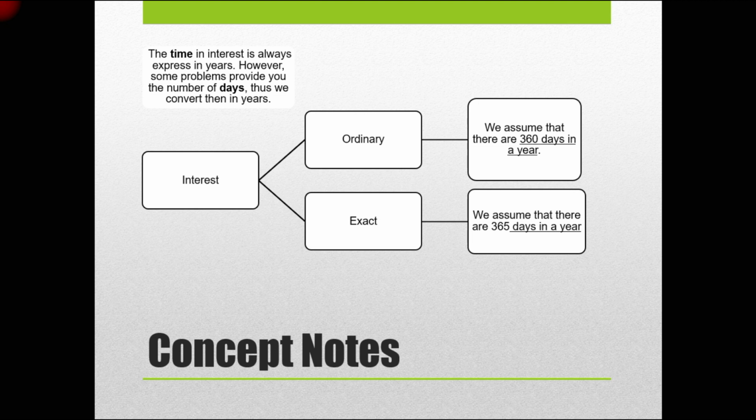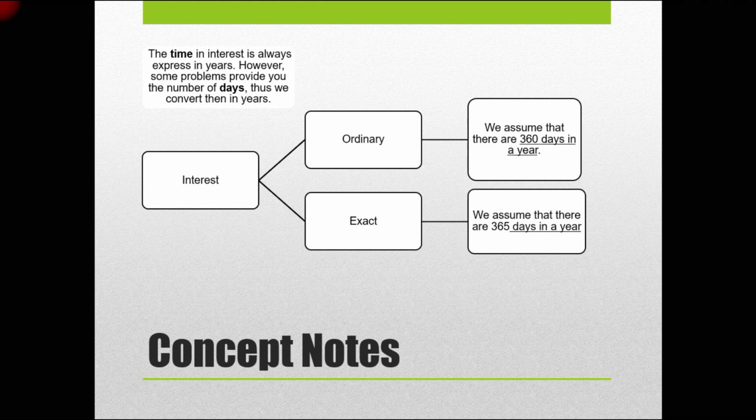The time in interest is always expressed in years. However, some problems provide you the number of days, thus, we have to convert them in years. So, we have two types of interest. First is ordinary, and second is, of course, exact interest.